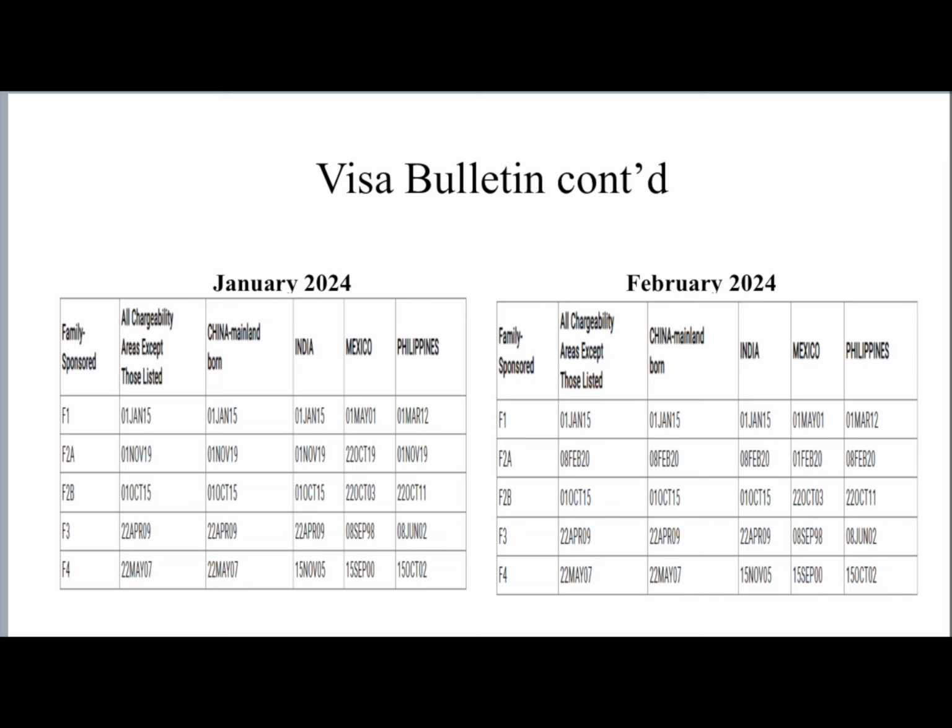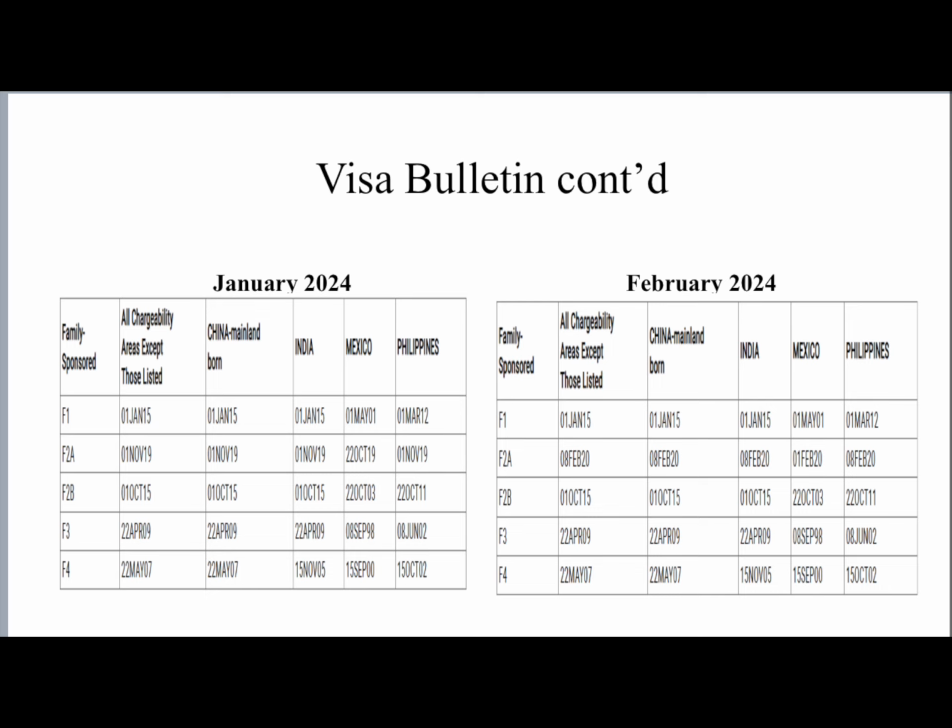If your priority date is before the date that corresponds to your category, you are current. If your priority date is after the date on the bulletin that corresponds to your category, you are not current. So you are in line waiting for your green card.